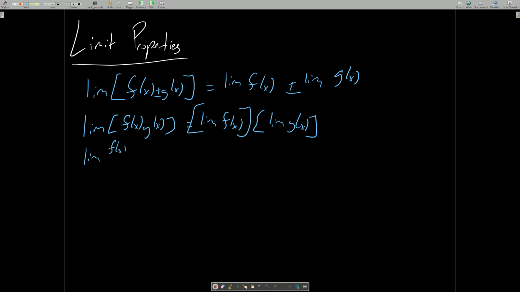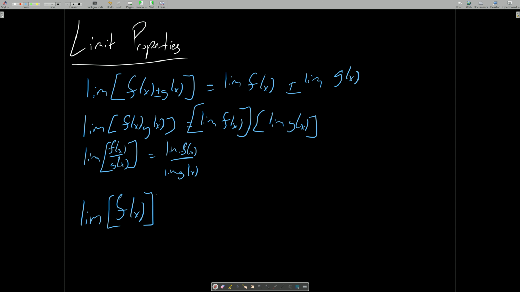Same thing, if you have a function over another, it's the limit of the first over the limit of the second. If you have the limit with an exponent, then you can move the exponent to the outside.